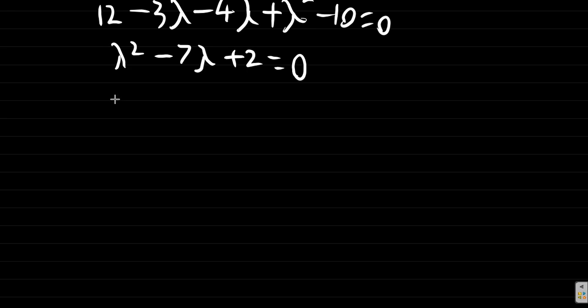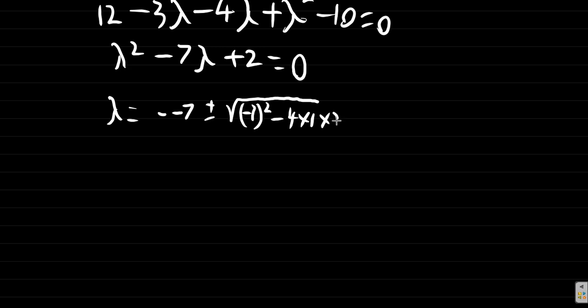So here, the quadratic formula. Instead of x, it's lambda. Lambda equals negative b, that's negative 7, plus or minus the square root of b squared, that's negative 7 squared, minus 4 by 1 by 2, all over 2 by 1. Alright?